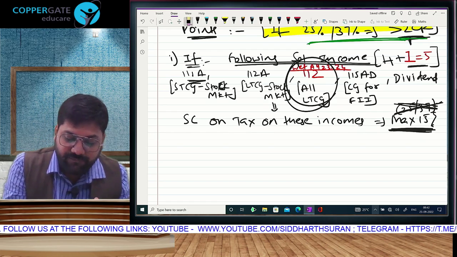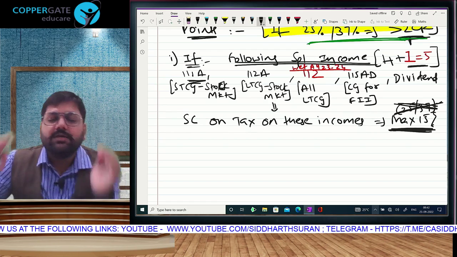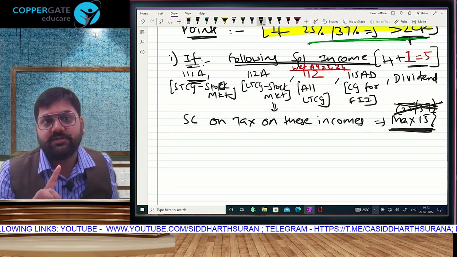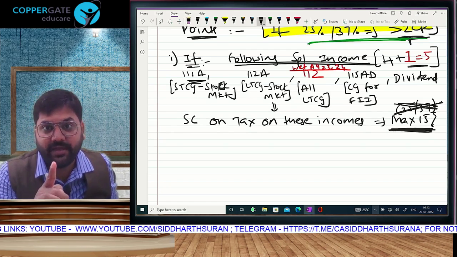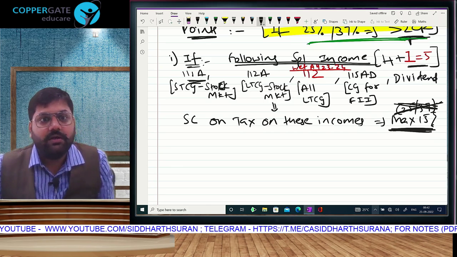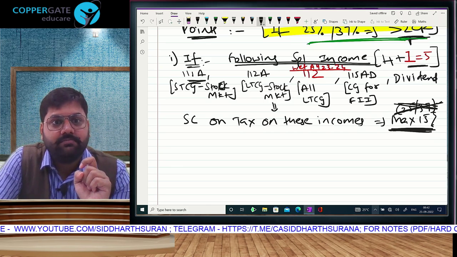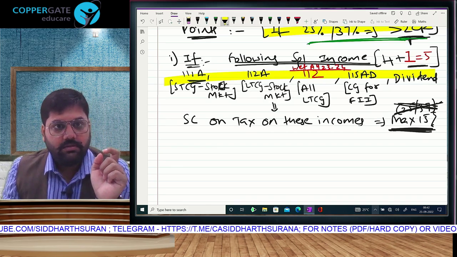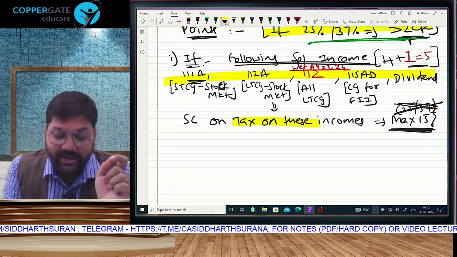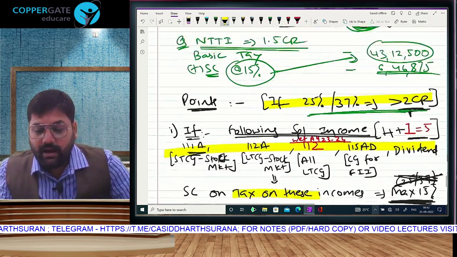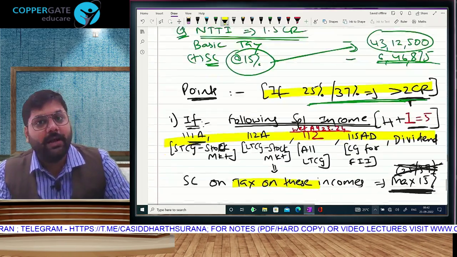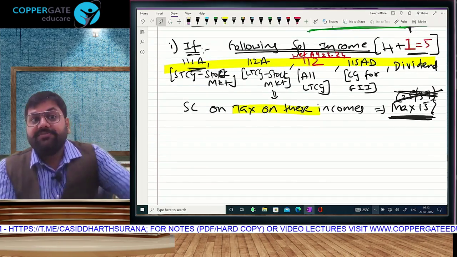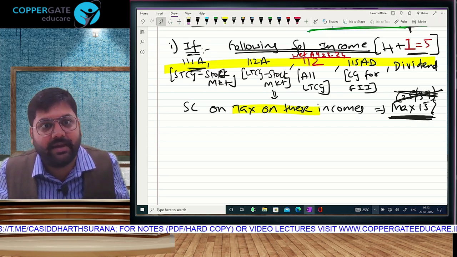Be clear. One confusion is that some students say, sir, surcharge on these incomes will be 15%. So correct yourself. Because if you develop the habit of speaking wrong, then you will write wrong also. Surcharge is not calculated on income. These are incomes. On these incomes, calculate the tax. And then on the tax, we apply surcharge. So my statement is not that on these incomes the surcharge will be maximum 15%.